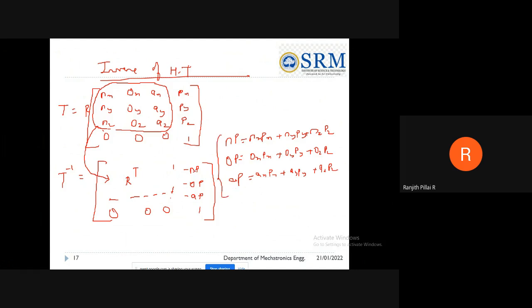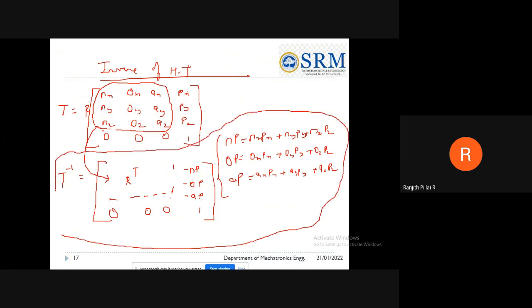So what does this n.p mean? You just multiply nx into px, ny into py, nz into pz, put a minus and put that value here. Now, what is o.p? ox into px, oy into py, oz into pz, and put that value there. This is how you find the inverse of this transformation matrix. Able to understand? Very easy way.